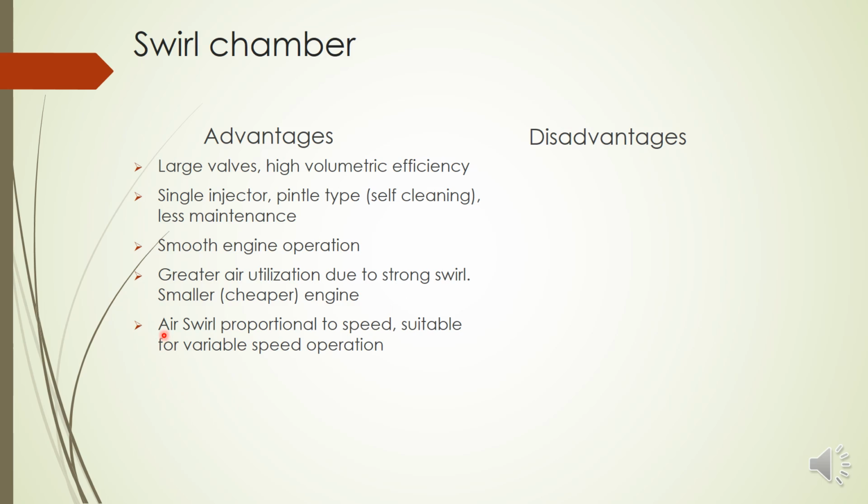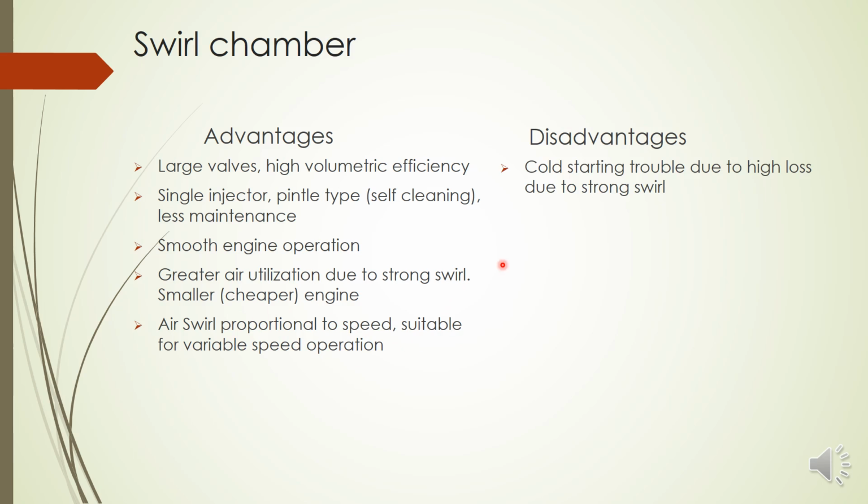Another main advantage is the air swirl is proportional to speed. If the speed of the engine increases, what will happen? The speed of the piston will also increase. So the speed at which the air is compressed into this swirl chamber will also increase. Like that the swirl will also increase. So it is proportional to speed, and it is suitable for variable speed operations.